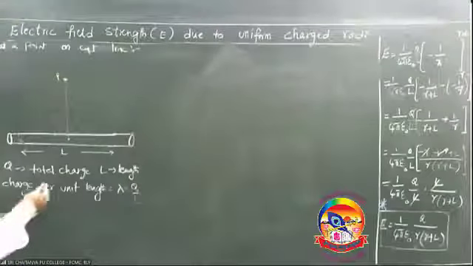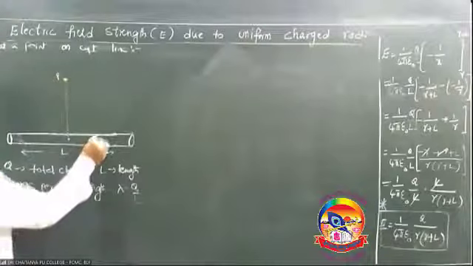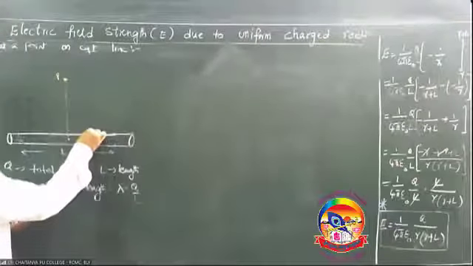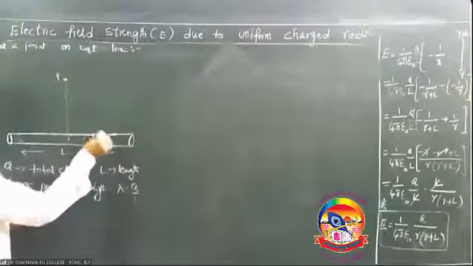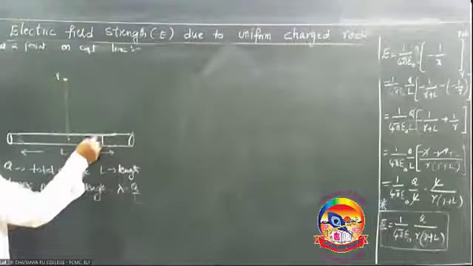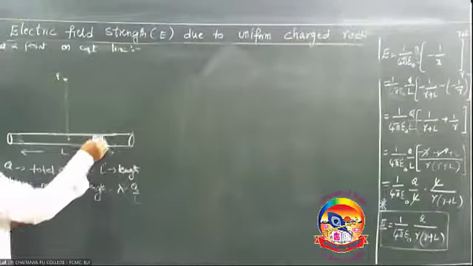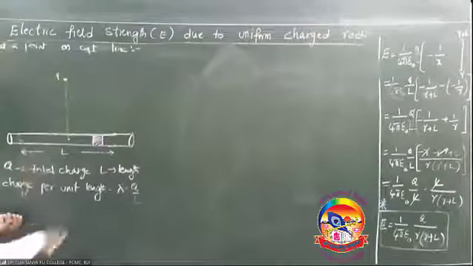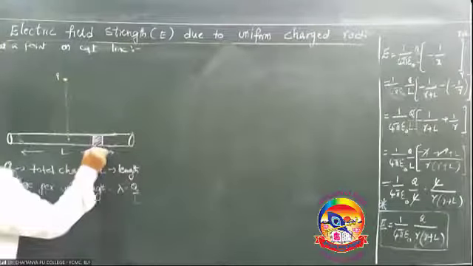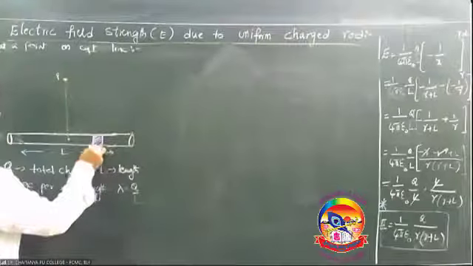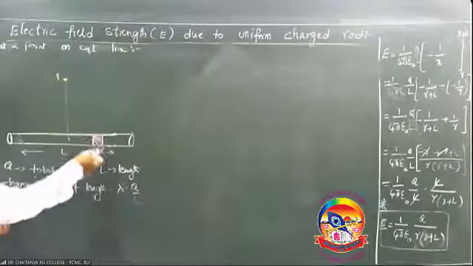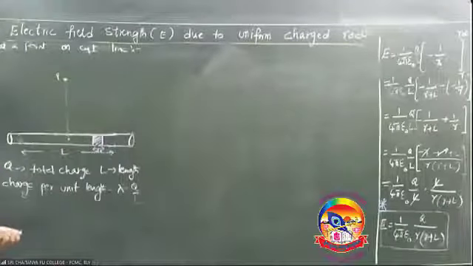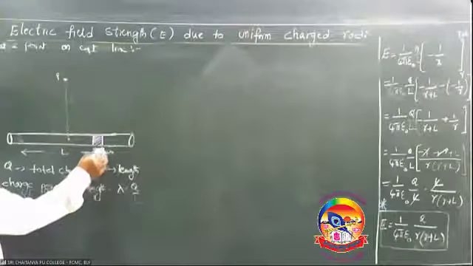The procedure is the same. Take a small element on the rod of length dx. This is dx.